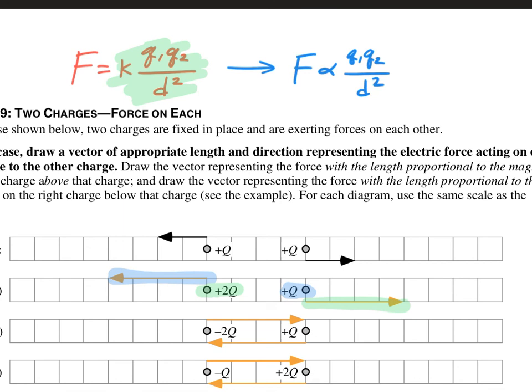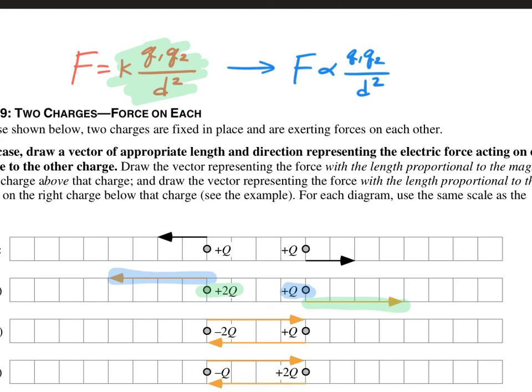Part D. Okay, now things have changed. Now I have a magnitude in my force product of 4. They're still pointing at each other because they're opposite signs. So the signs here don't have anything to do with the magnitude of the force. They have to do with the direction.